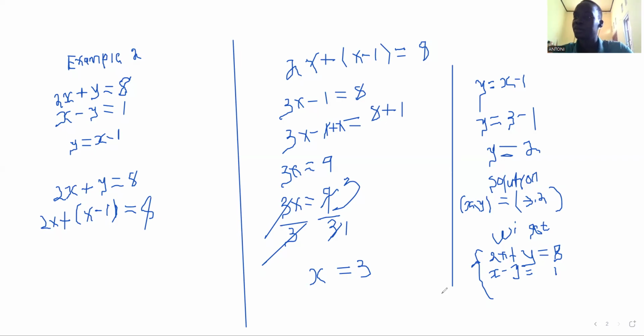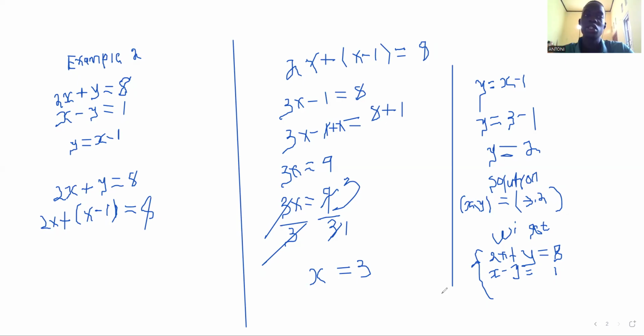And for now, to explain the second equation, what I do is that I first make y the subject of the formula, since 2x plus y was given, which is equal to 8, and x minus y is equal to 1. There we cannot add and we cannot subtract.